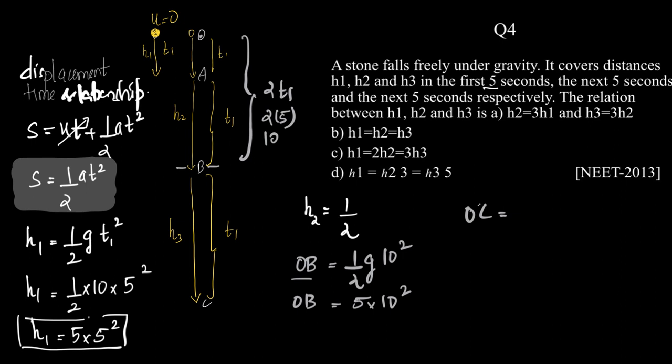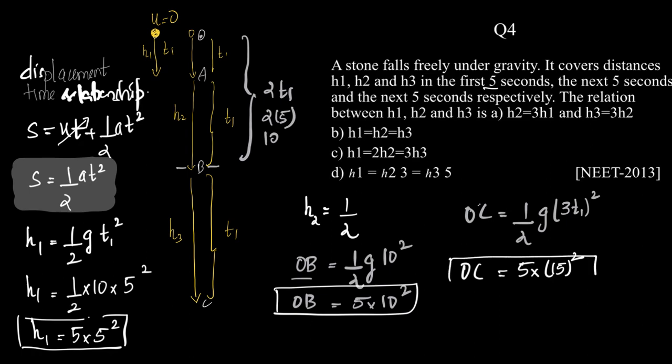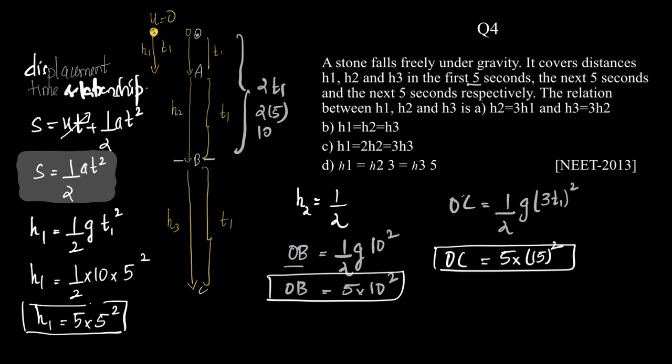OC is the distance traveled when the object was in air for 3t1 seconds. So OC will be equal to half into g into 3t1 the whole square. Since t1 is 5, OC is equal to 5 into 15 square. Now OB is equal to 5 into 10 square, and OC is equal to 5 into 15 square.